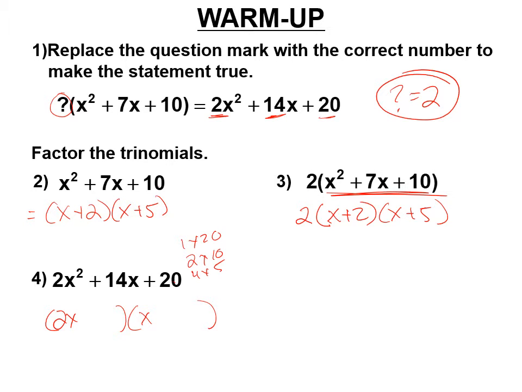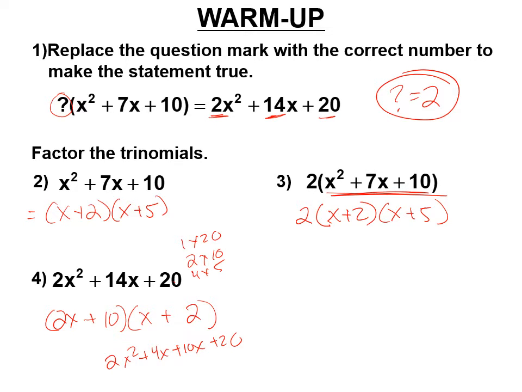We have a 14 there. Let's try 10 and 2. All right, so 2x plus 10 and x plus 2. If I multiply that out with FOIL, you get 2x squared. Outer is plus 4x, inner is plus 10x, last is 20, and that makes that.